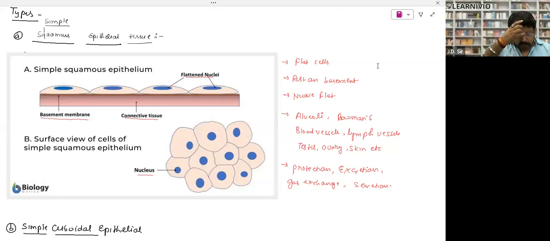The nuclei of cells are flattened and often lie at the center of the cell.